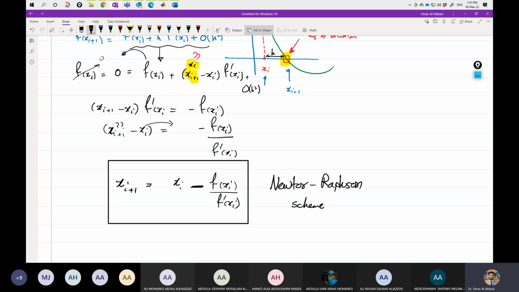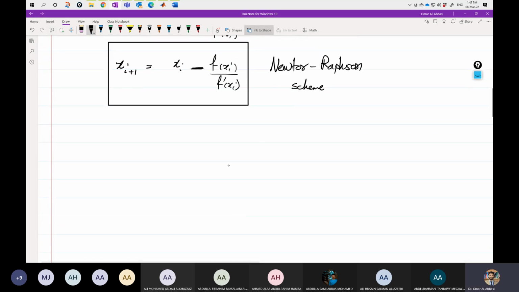Okay, so physically or numerically, what is happening? Suppose I have the following function, and let's say I started at that location, that is x1, the initial point. Over there, that is the value of the function at x1.